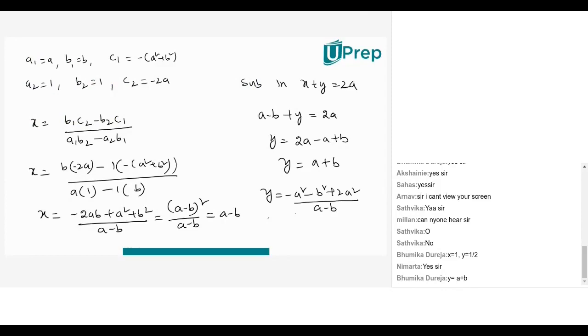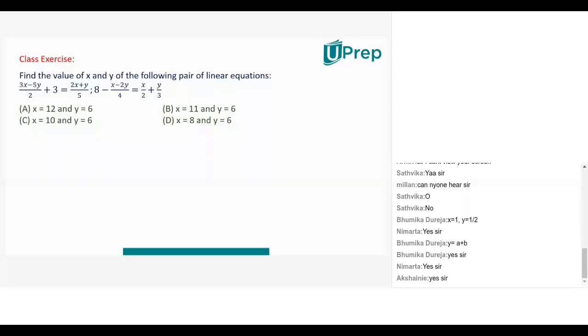Perfect. See here, what is 2a square minus a square? It is a square. You have minus b square by a minus b. The numerator a square minus b square, you can write as a minus b into a plus b. Obviously, your answer is a plus b.